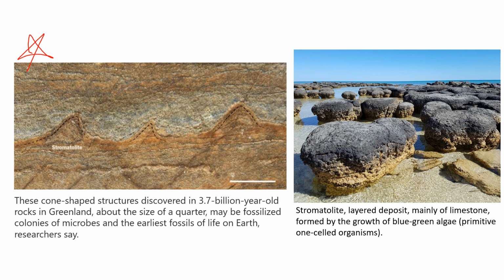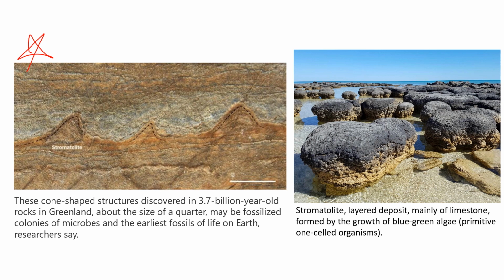On the picture on the right, we also have stromatolites, and what stromatolites are, they are created by blue-green algae. And so they have these layers and layers of material that they deposit, and they basically fossilize.